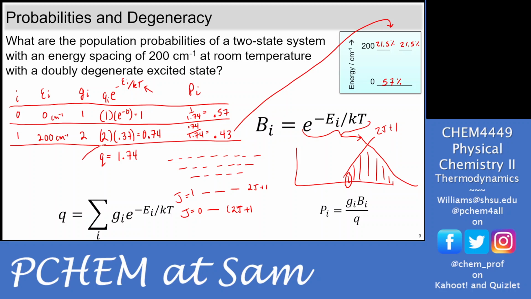But right here, this factor, if we have e to the minus 200 over k times 0.001 Kelvin, let's go really cold, a millikelvin, that is such a tiny little number in the denominator that this ratio is going to be huge, and I have an e to the minus huge.